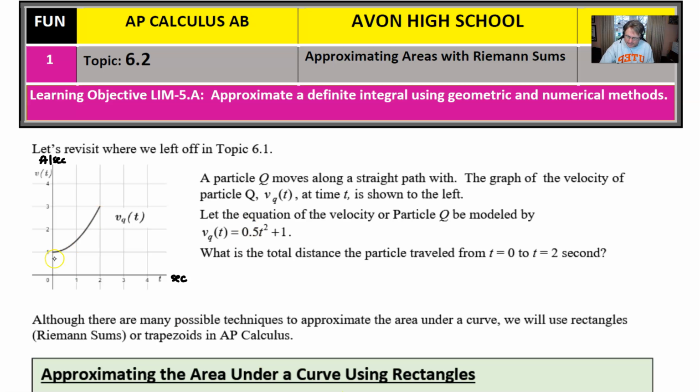And so we're being asked to now think about what would be the area under this curve from 0 to, well, what's the total distance traveled from 0 to 2? That would take us all the way to here. And this yellow region's area is what we're looking for, which doesn't lend itself very well to a nice geometric formula. So some other things are going to have to happen.